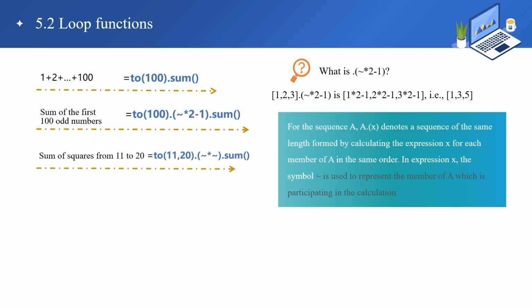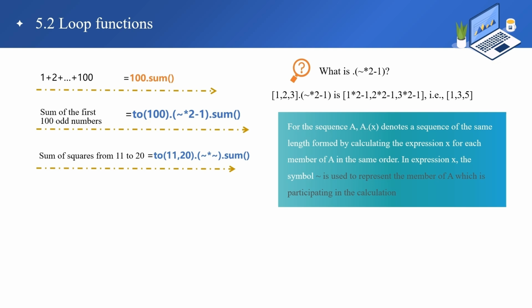Similarly, 20 times sum can calculate the sum of squares of 10 numbers from 11 to 20. A.x.sum is a common writing method. In SPL, it can be simplified to A.sumx, which is simple and easy to understand. Furthermore, the functions onto n are also commonly used, and SPL allows them to be simplified as n.f. Adding consecutive integers from 1 to 100 can be written as 100.sum.